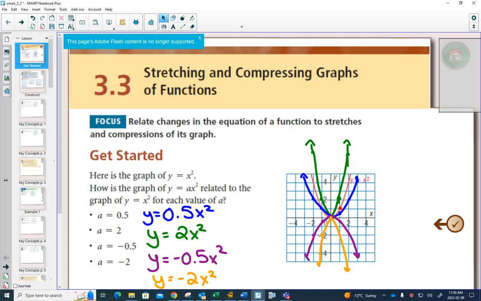Sometimes you're going to get graphs that are partially above the x-axis and partially below. When we stretch things, it's like the x-axis is glued and everything gets pulled away from it.